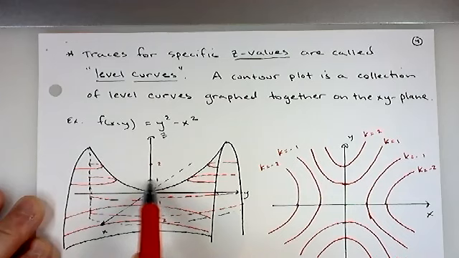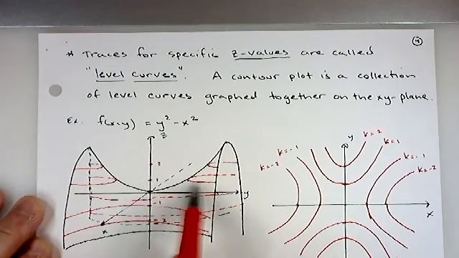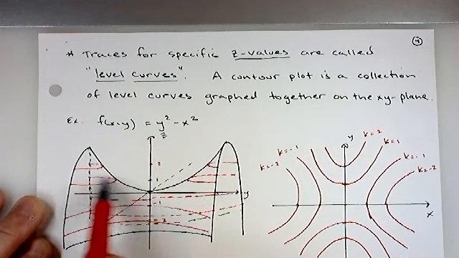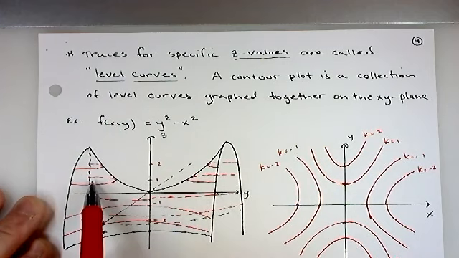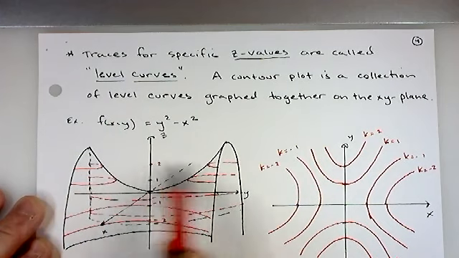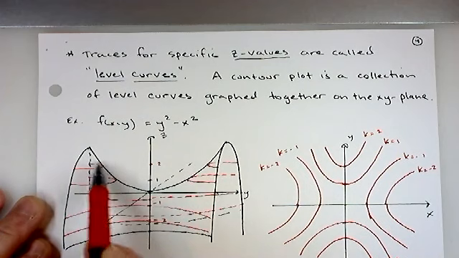If I slice through it at z equals 1, those are actually going to be hyperbolas, right? That's a hyperbola. The reason I call them level is that it's flat, right? On our paper, it's nice and level, it's horizontal. When z equals 2, you're getting another hyperbola here.